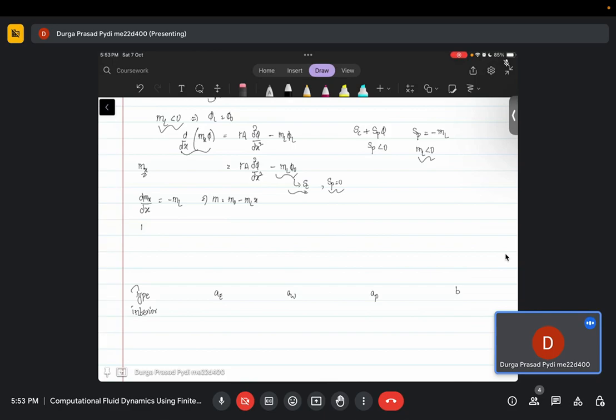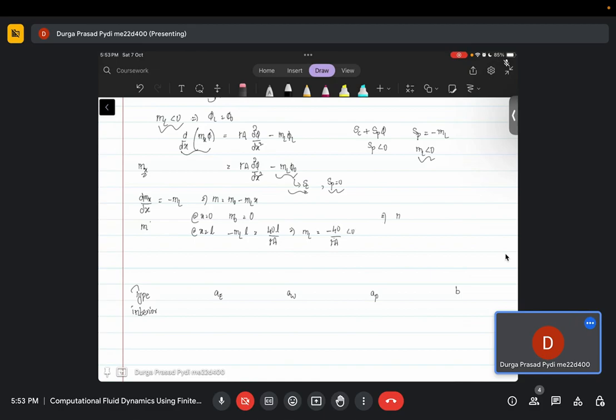and the boundary conditions are m at x equal to 0 is m naught, given as 0, and at x equal to L it will be minus ml times L, minus 40 by gamma A. So ml is minus 40 by gamma A, which is negative.